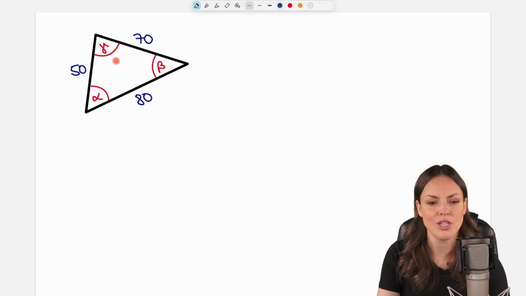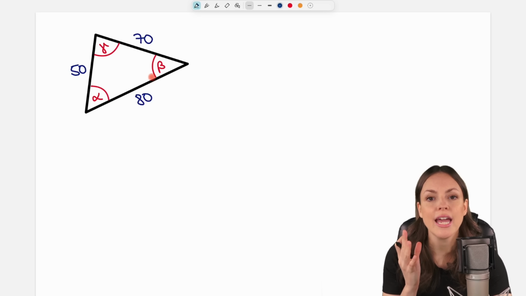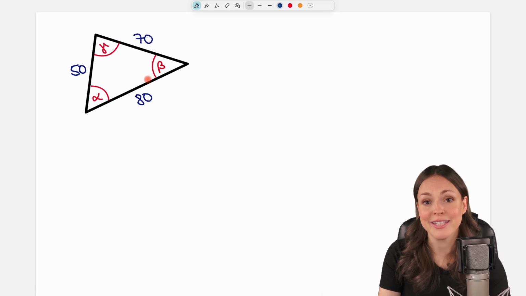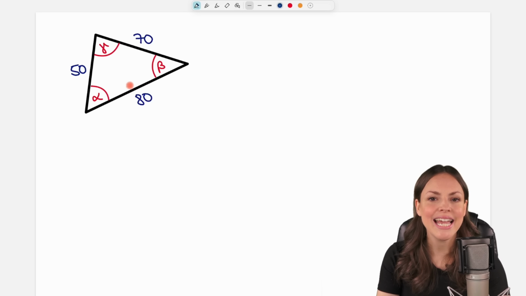The problem just is this is not a right triangle, or we don't know if it's a right triangle. So we cannot just use sine, cosine, or tangent because we don't know if it's a right triangle or not. But there's also the law of sines and the law of cosines that you can use in any triangle.